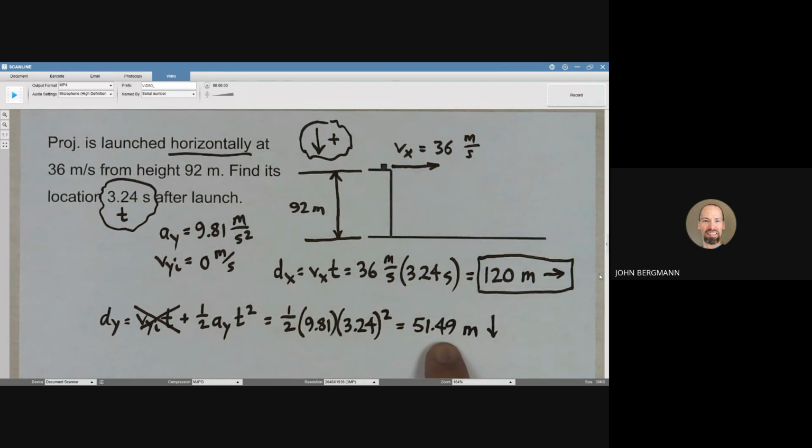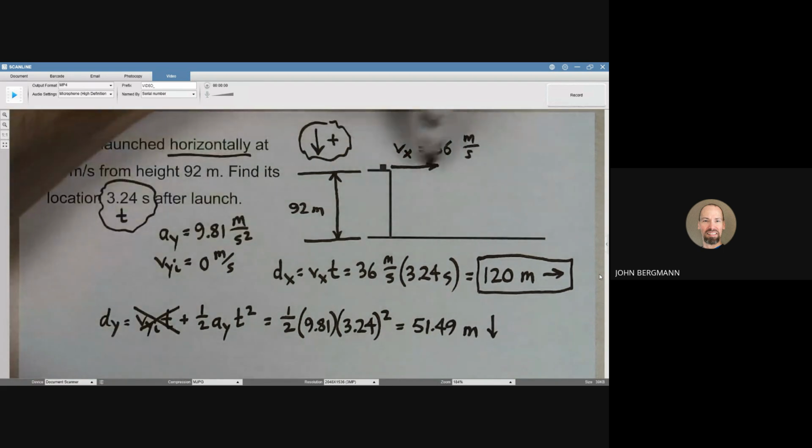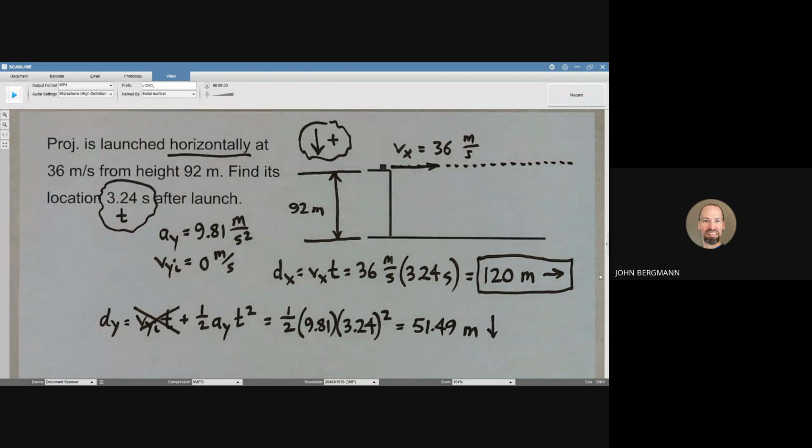That's how far downward it's fallen from its original height. See where I'm drawing this in the paper? That's how far downward it's fallen. So you could say, and let's round to 2 significant figures, 51 meters below the original height.